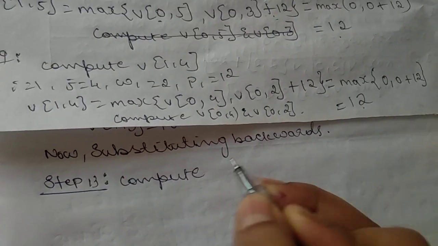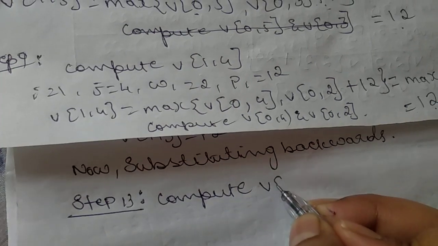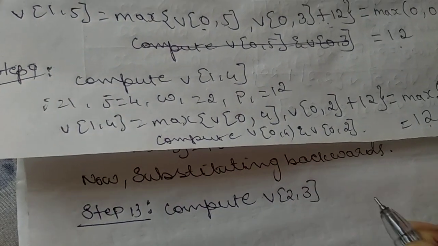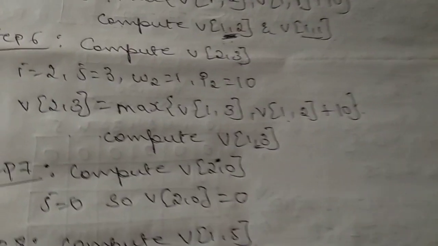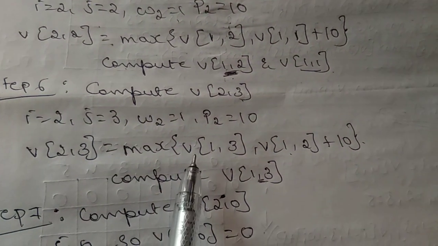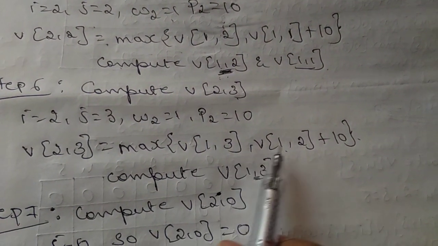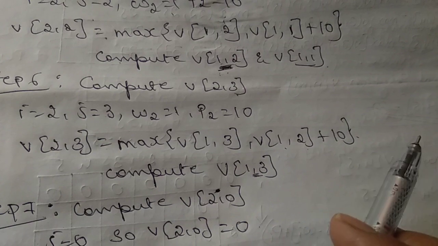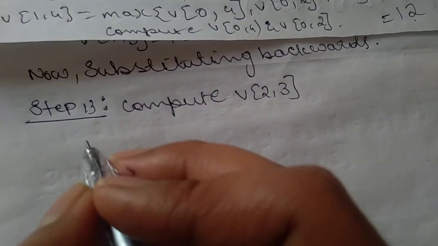Compute v of 2 comma 3. What we have got for v of 2 comma 3? It is max of v of 1 comma 3 comma v of 1 comma 2 plus 10. Is it not? I'll just write that one.